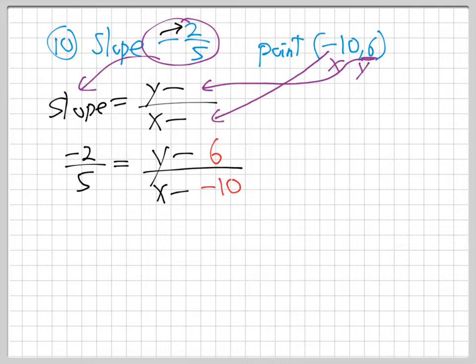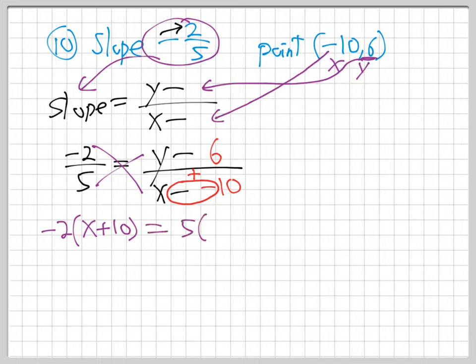Everybody see that? What's happening there? So these two is going to be positive. So then now next step when we do the diagonal thing, it'll be minus 2 times x plus 10, won't it? And 5 times y minus 6. Everybody see that?